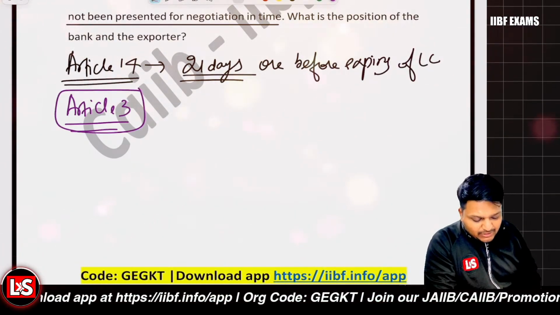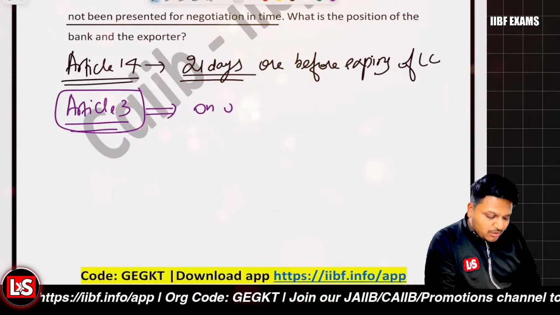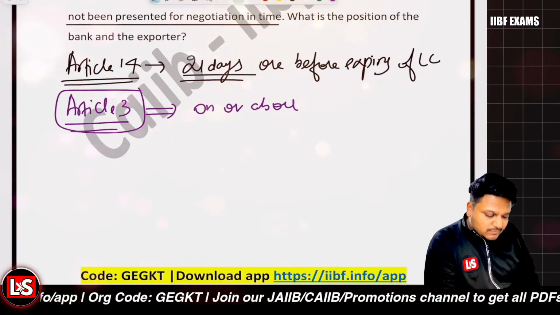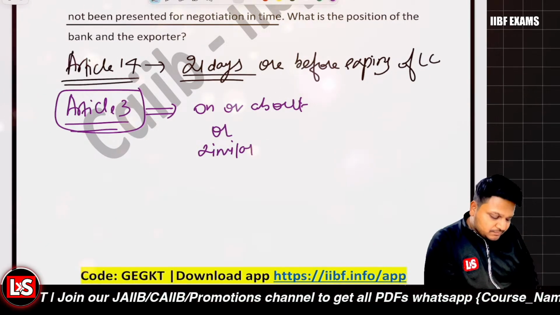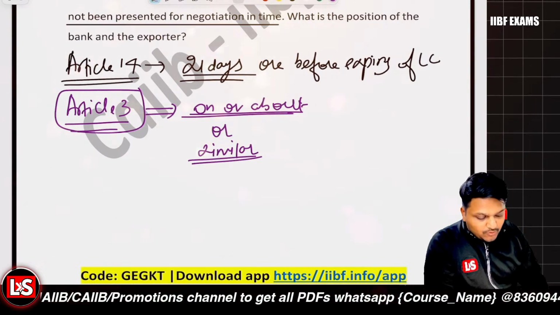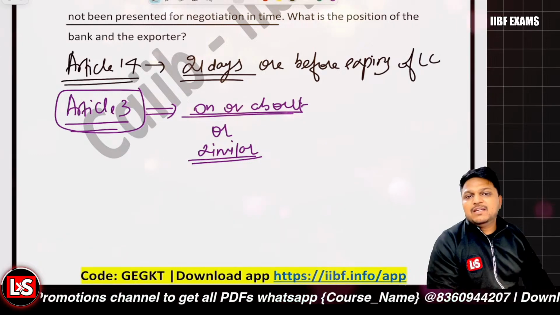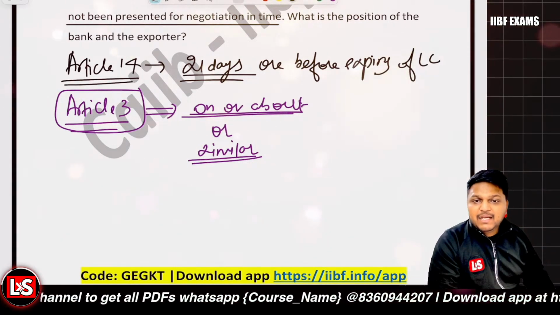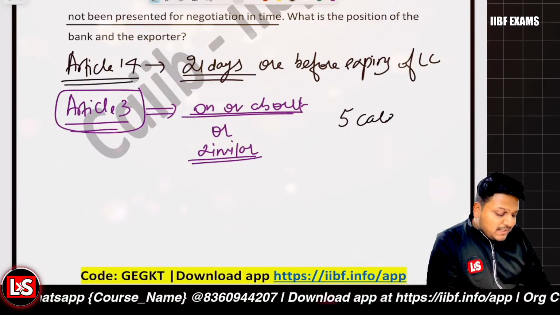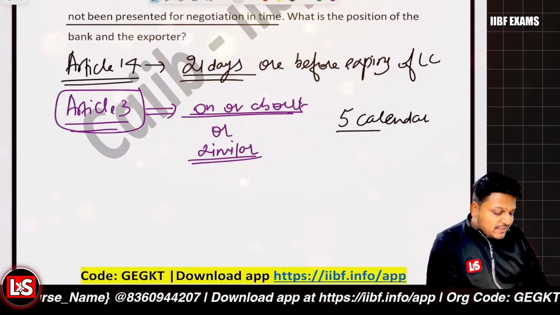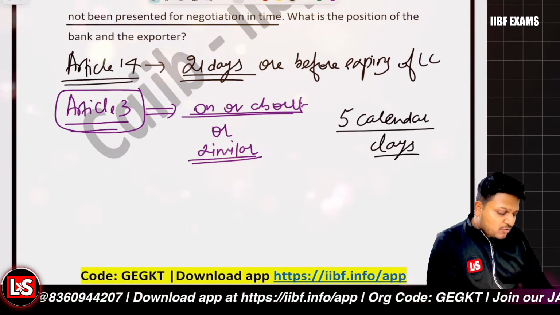So Article 3 clearly says if on or about or similar wording is used, in that scenario another 5 calendar days, not banking days, kindly note, another 5 calendar days would be awarded.